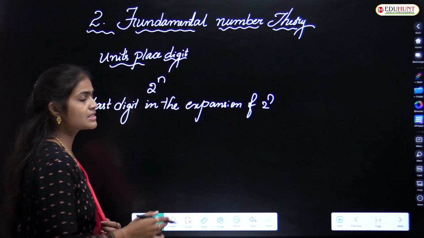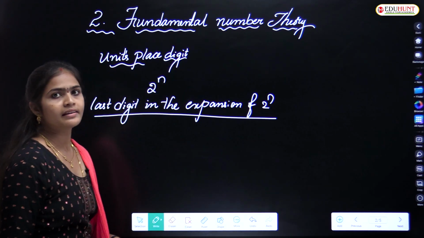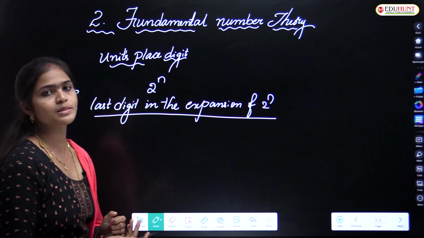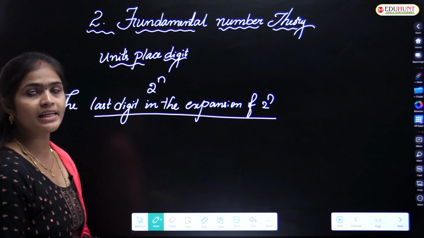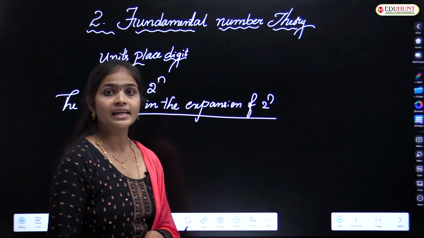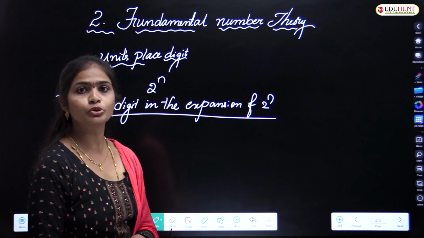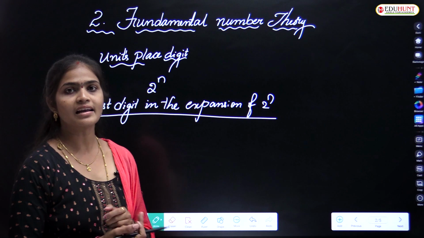Okay, this one we will discuss. This is the first sub-concept: the last digit in the expansion of 2 power n. If the given numbers are in the form of 2 power n, then what is the last digit?